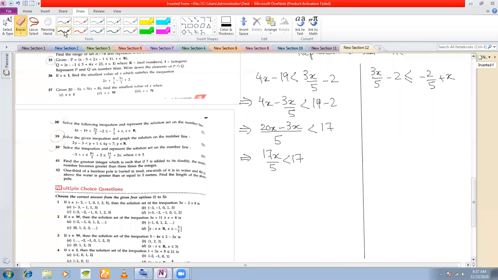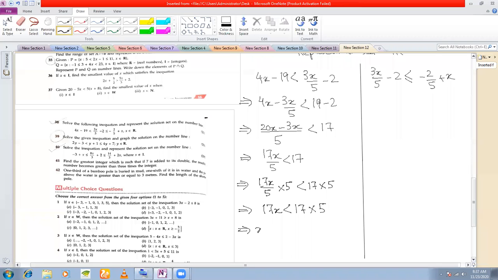Okay. Let me show you this step. Now we don't actually say cross multiplication, and we should not think in that way also. In order to remove 5 from the denominator, you multiply both sides by 5. This is the way you should think. So you get 17x is less than 17 into 5.